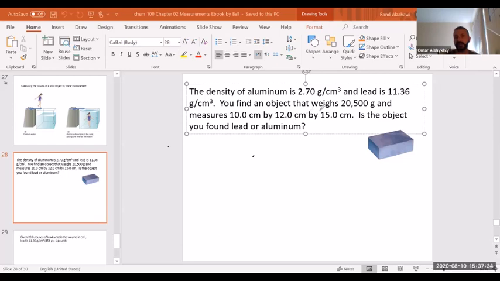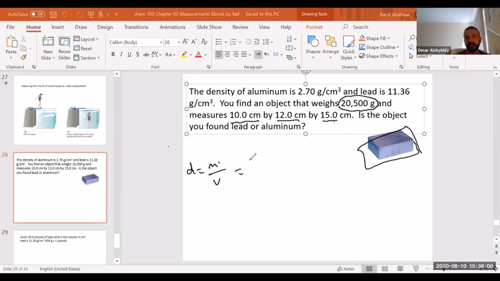You find an object that weighs this amount in grams and has measurements of 10 centimeters, 12, 15. This is a regular shape. Is the object you found lead or aluminum? You can decide from the density, which you calculate as the mass divided by the volume.